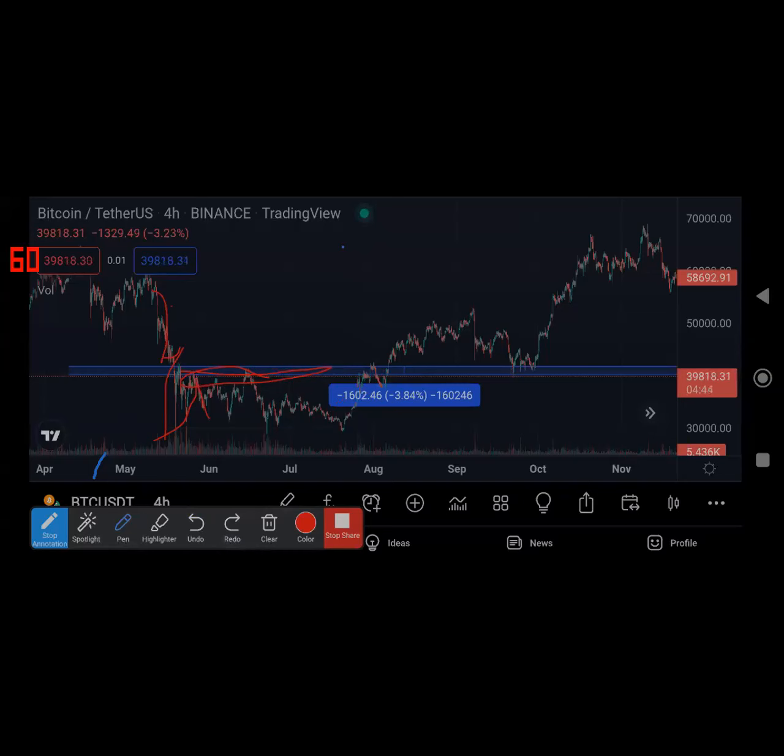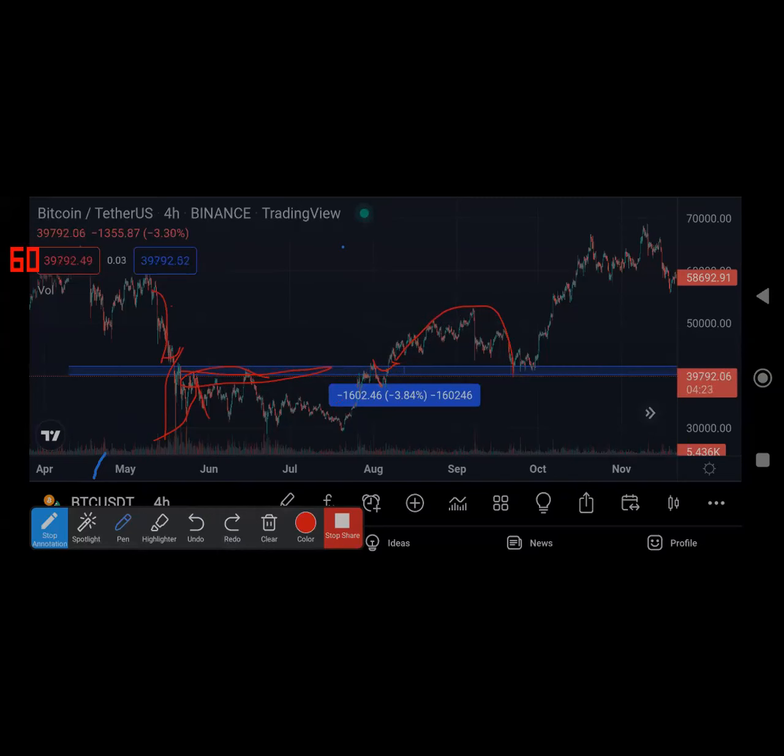Now, when the resistance is broken, it's time to serve as a new support. So at this level that it got broken, it came back and served as a new support.